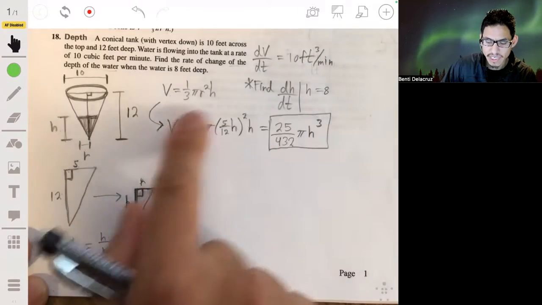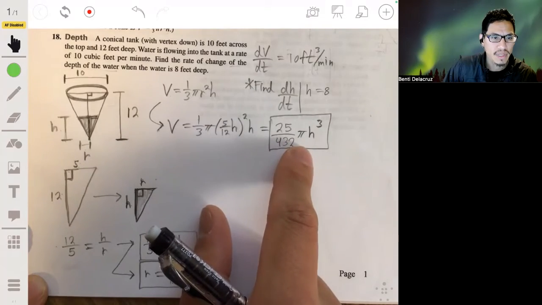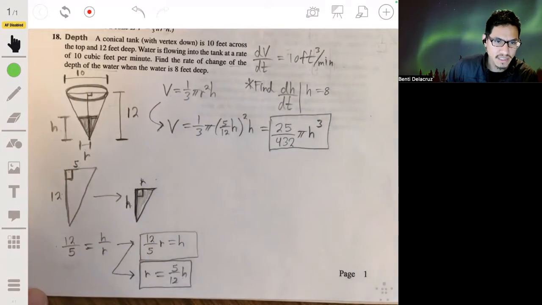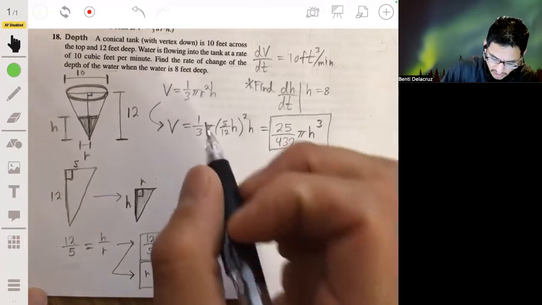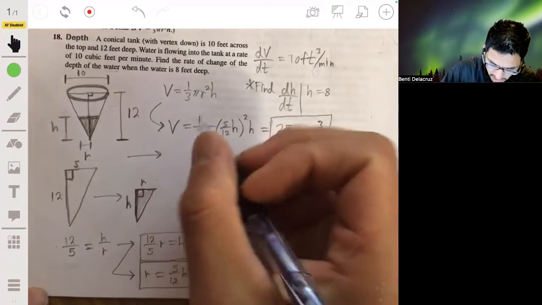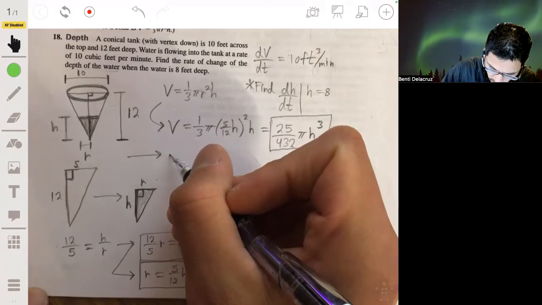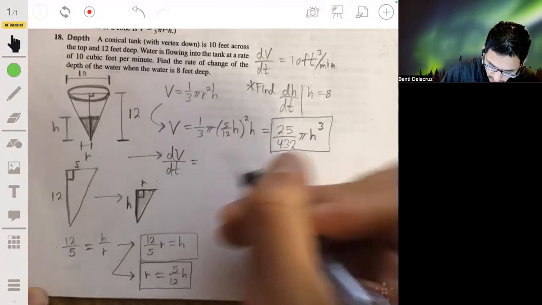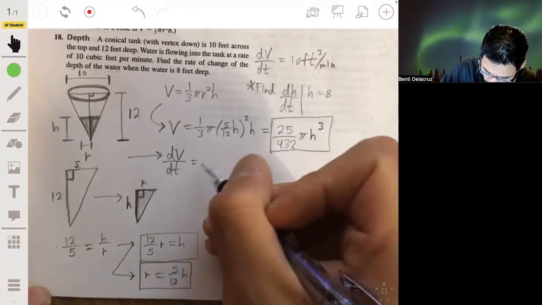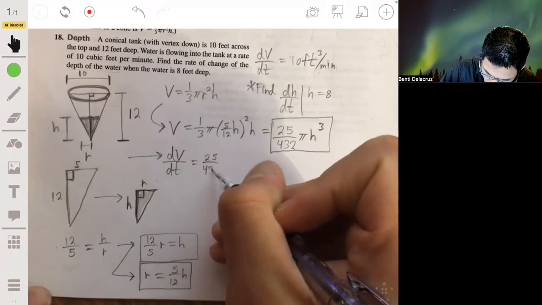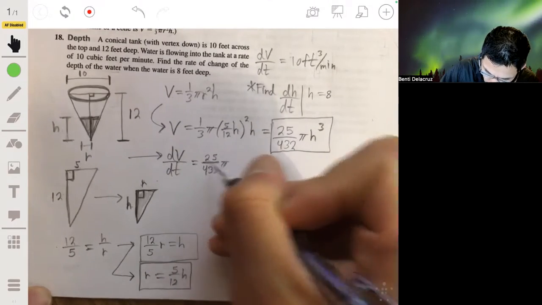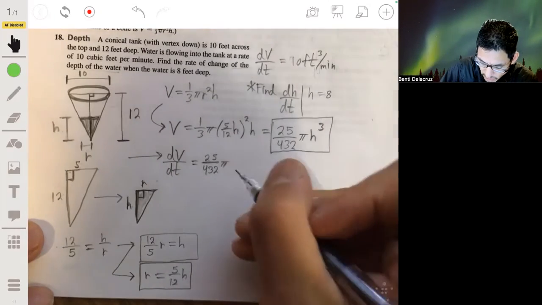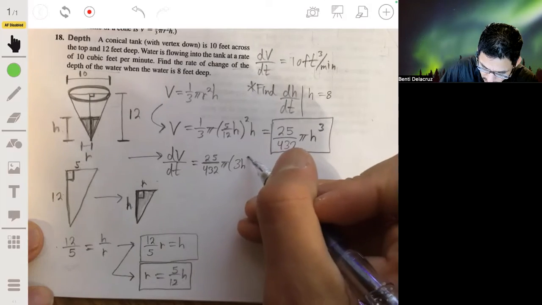Okay, so now we have an equation for volume simply in terms of h. Now let's differentiate this with respect to time, and then we can plug numbers in and get dh dt for when h is 8. So differentiating, dV over dt will be equal to 25 over 432 pi, that's the coefficient, using the power rule for h cubed, we have 3h squared.